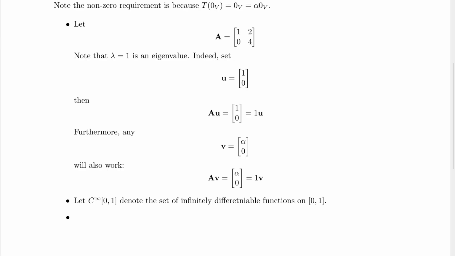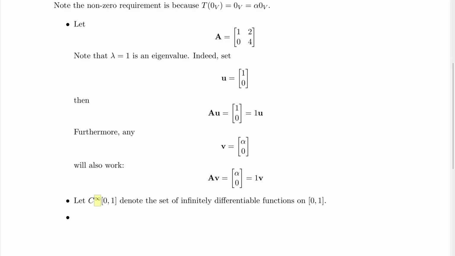Now, we talked about C0, 1 before. That's the set of continuous functions. And you can start putting things up here with the C to indicate how many continuous derivatives you've got. C infinity is you have infinitely many derivatives. So differentiable, let me spell that correctly.